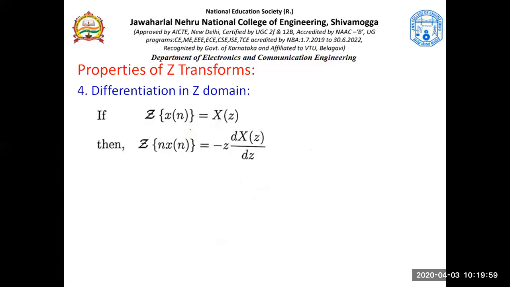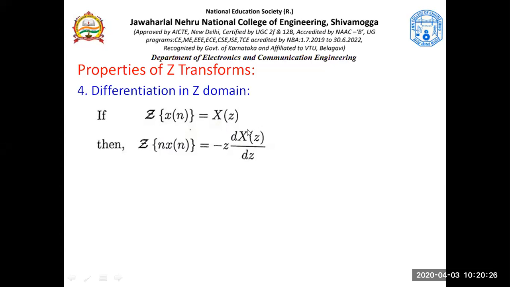So we have seen this in Laplace transform, very important property. If you multiply x of n by n, how it would change on the right hand side. So you can call this multiplying n in time domain, or you can call it differentiation in z domain. So how this equation is obtained needs to be understood.